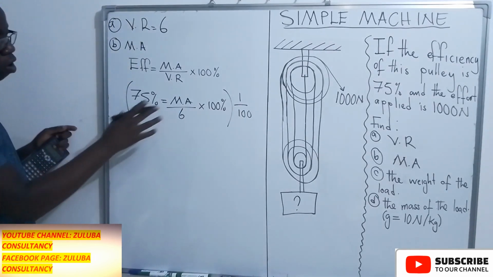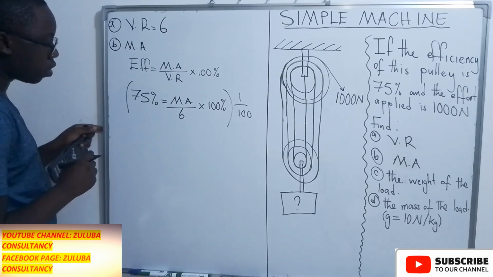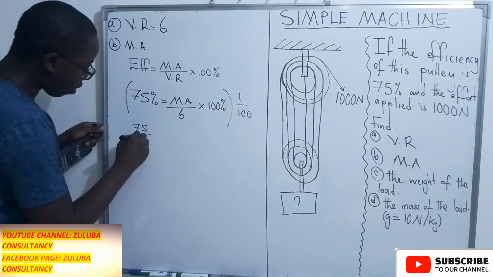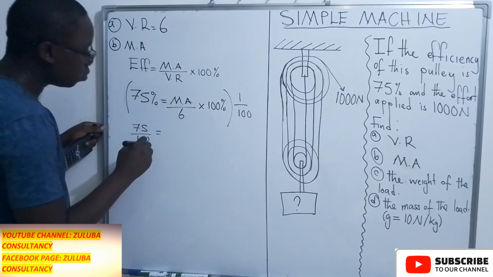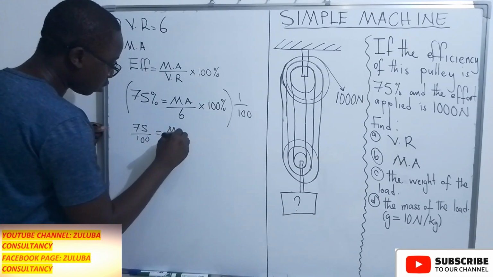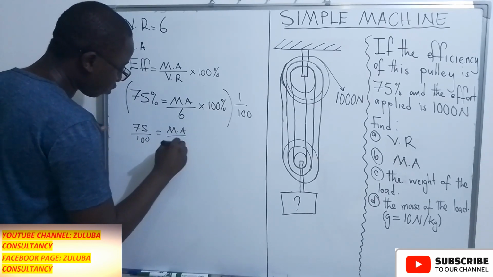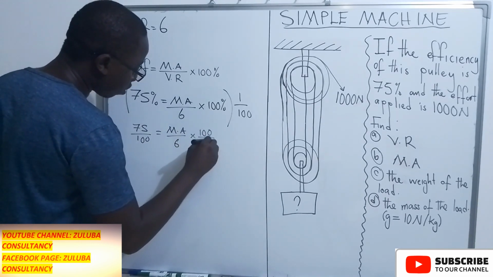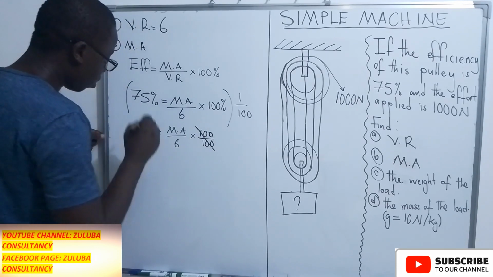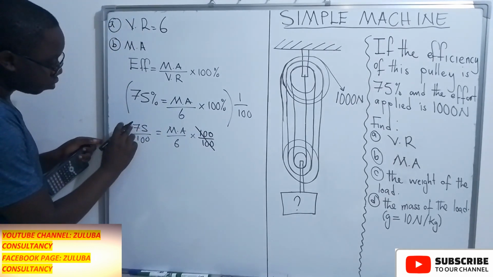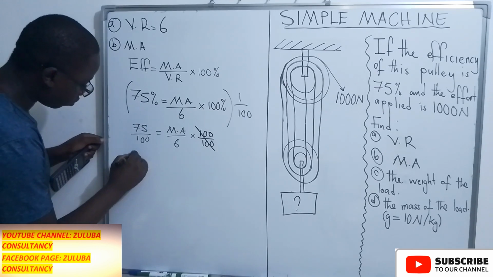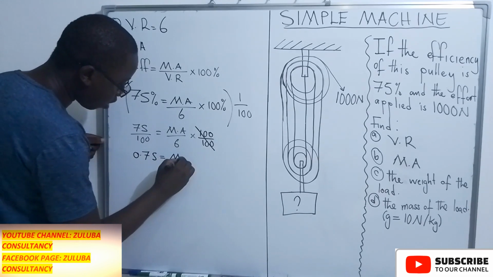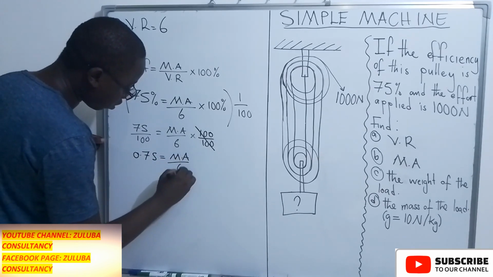So we'll have 75 over 100 is equal to mechanical advantage divided by 6 multiplied by 100 over 100. These two will simplify, and when we divide 75 by 100, we'll get 0.75 is equal to MA divided by 6.